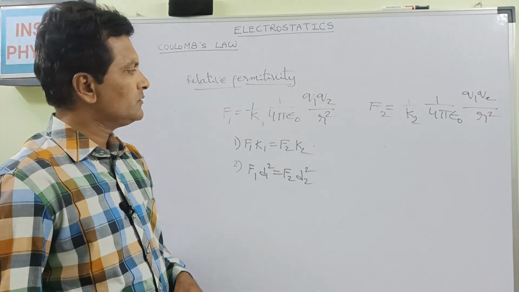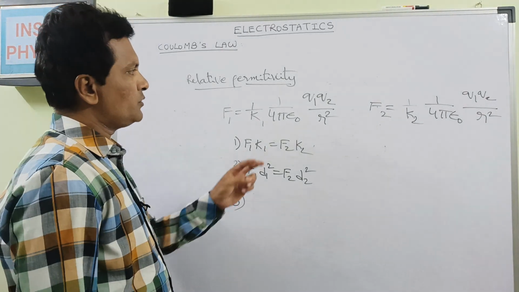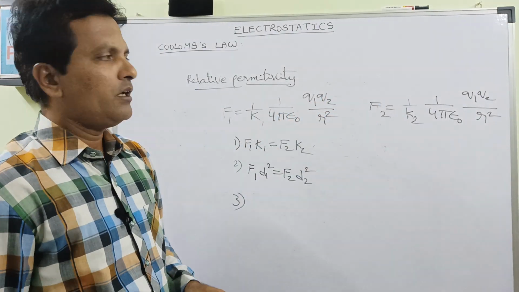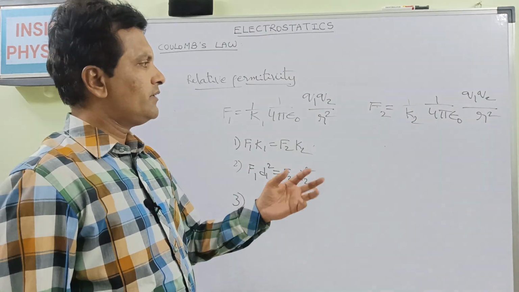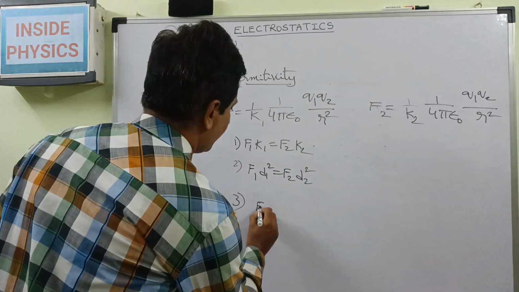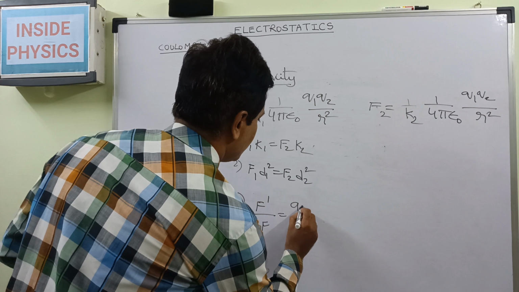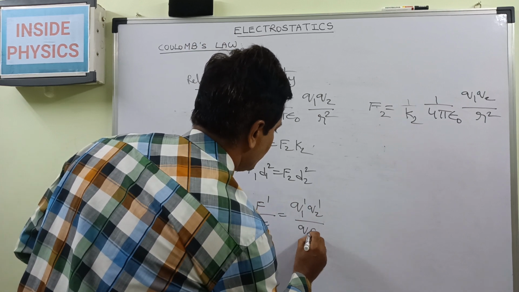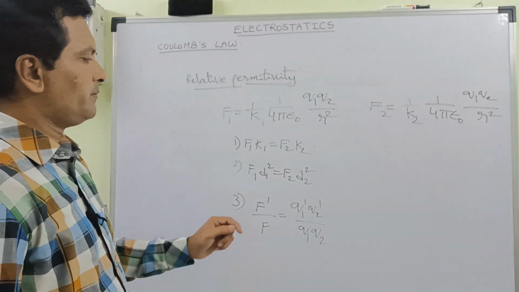Okay, and the third implication will be, if two sets of charges Q1 dash, Q2 dash and Q1, Q2 are put in the same medium with the same distance between them, then the third implication we can write by these formulas, F1 by F2 equals Q1 Q2 by Q1 dash Q2 dash. This will be the third implication.